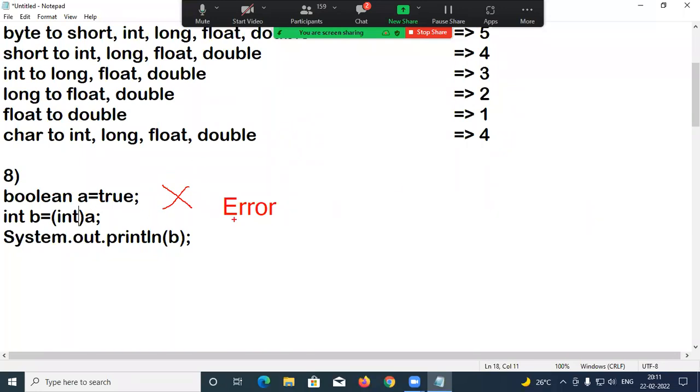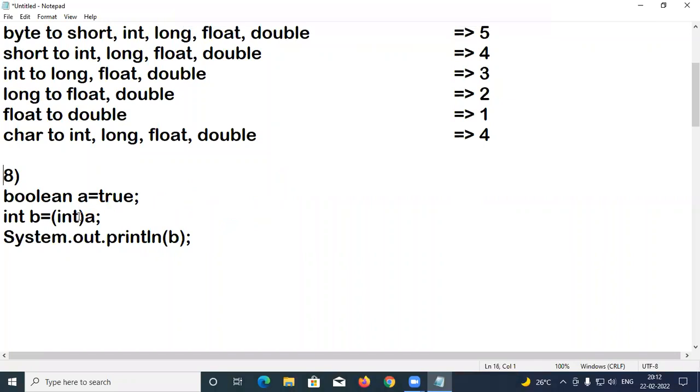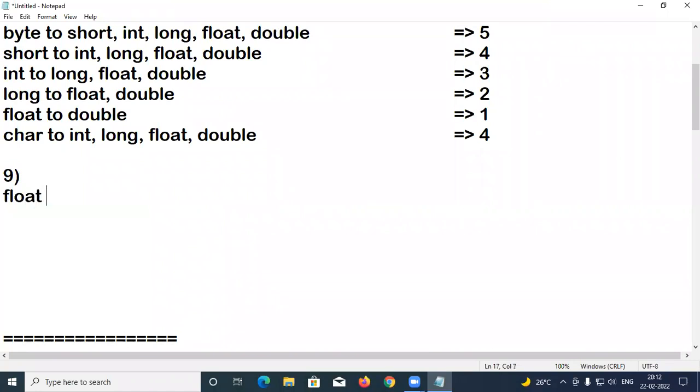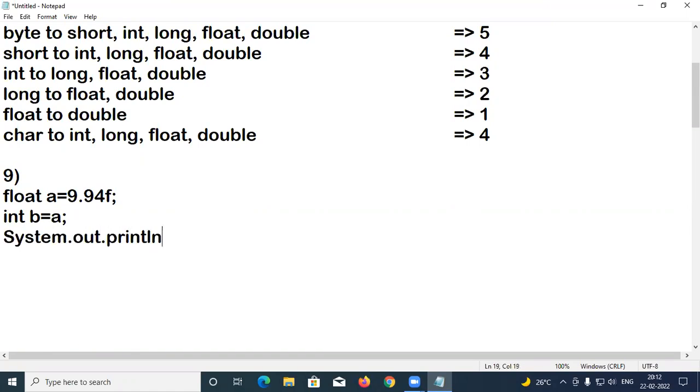Is it over? Now 9th one. float a equal to 9.94f, integer b equal to a, System.out.println b. Valid or not valid?